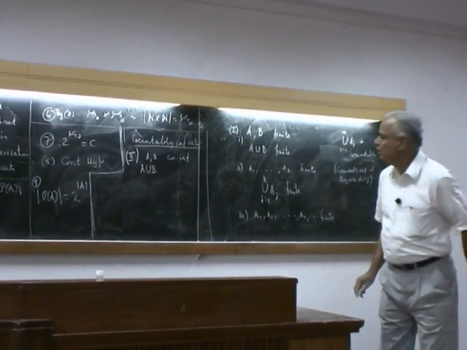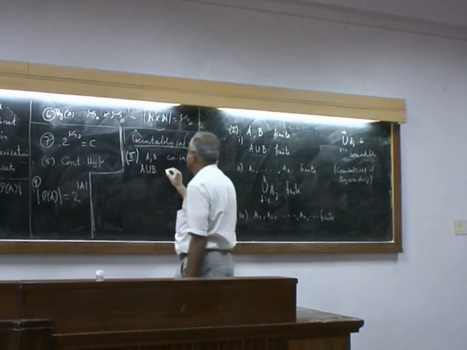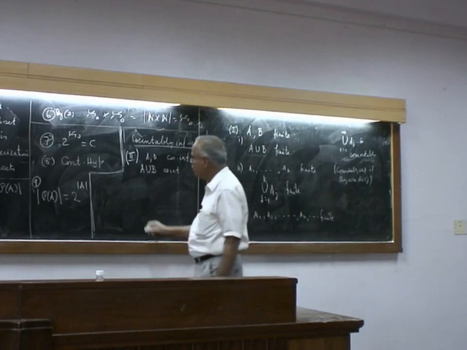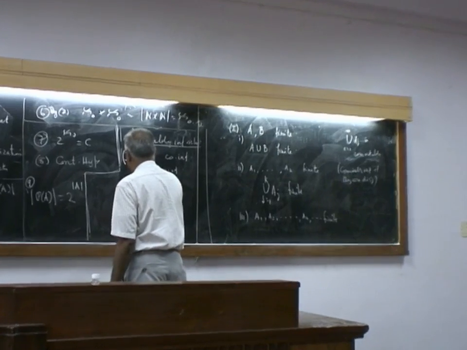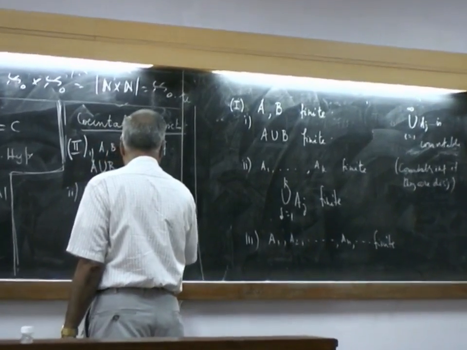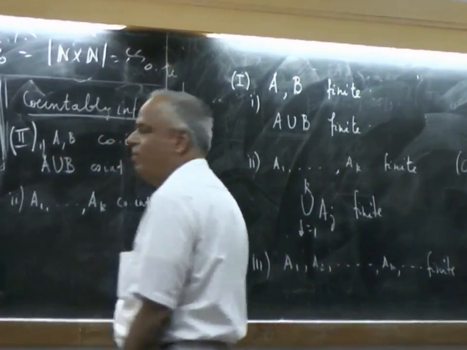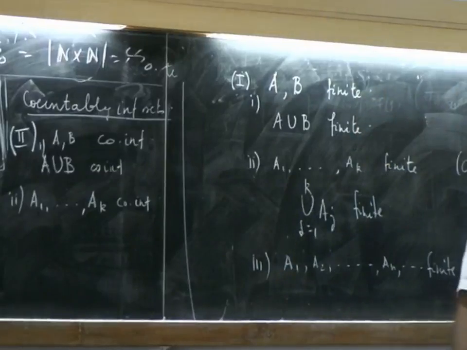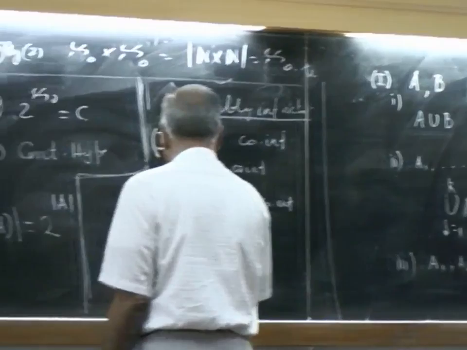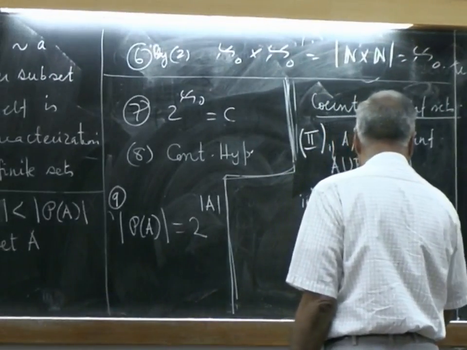That has to be countably infinite. Okay. Now suppose I have countably infinite sets, a finite number of them. What about the union? Again countably infinite.